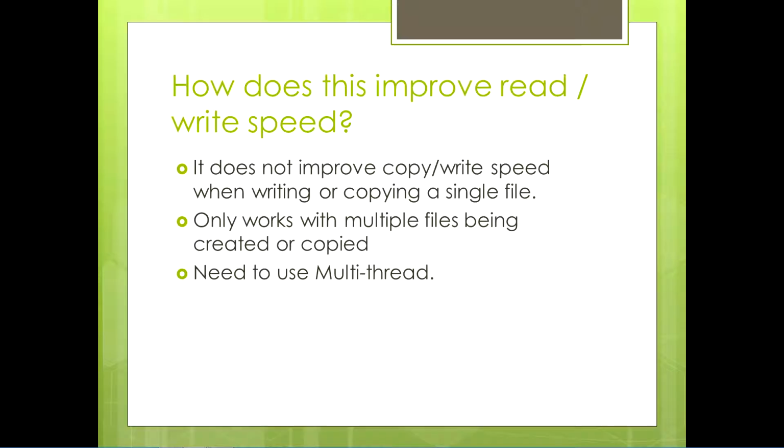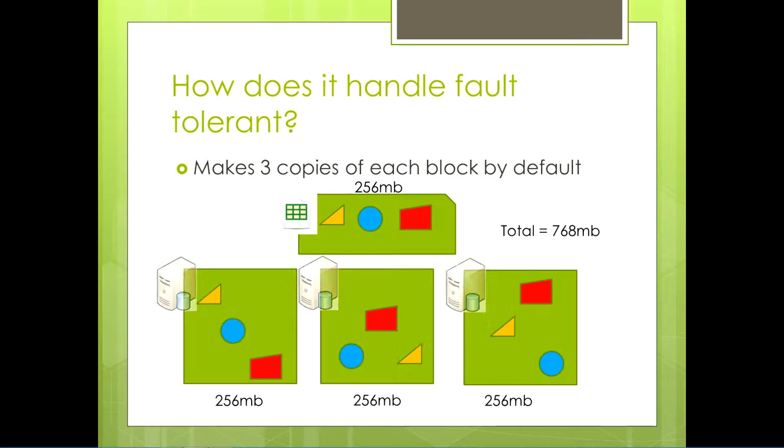For a single file, it does not improve copy or write speed when writing or copying. So how does it do it? It does it when multiple files are being created or copied. Let me go back to the previous slide.